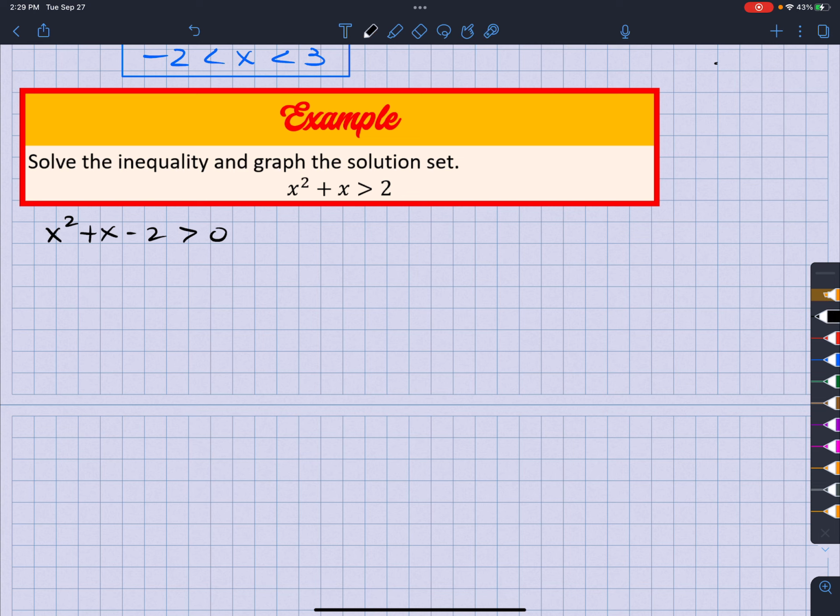So question is, when is this equal to 0? Essentially I'm finding my x-intercepts, or my zeros. I can factor this. This is going to be x plus 2 and x minus 1. So I know it's at x equals -2 and x equals 1. Okay, great.